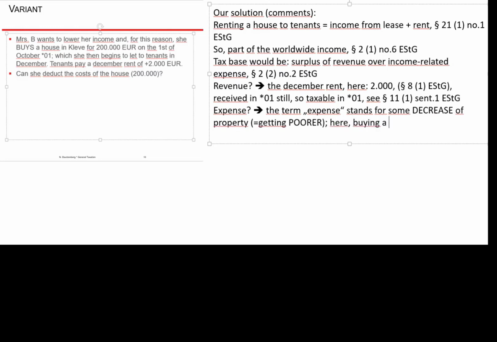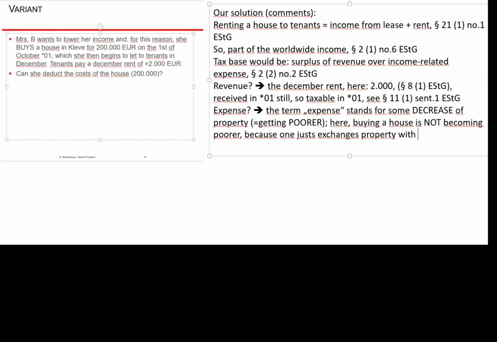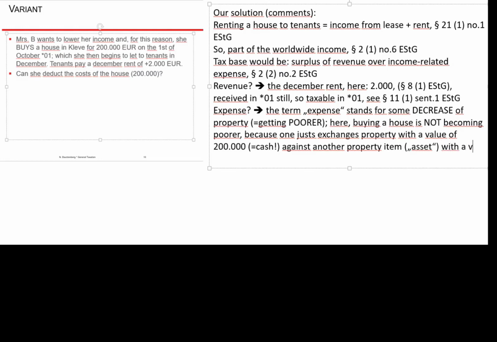Here, buying a house is not becoming poorer because one just exchanges property with a value of 200,000 cash against another property item, an asset with a value of 200,000, the house.